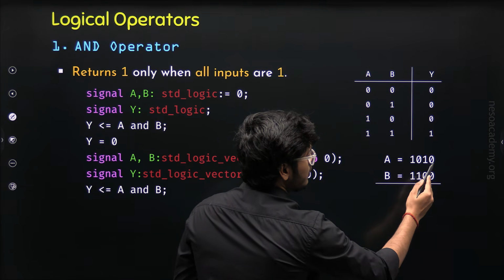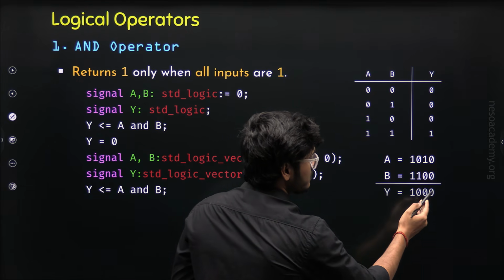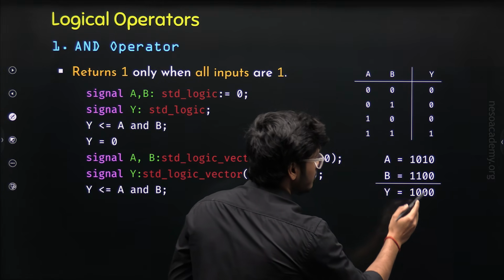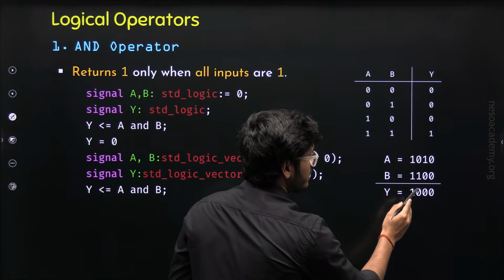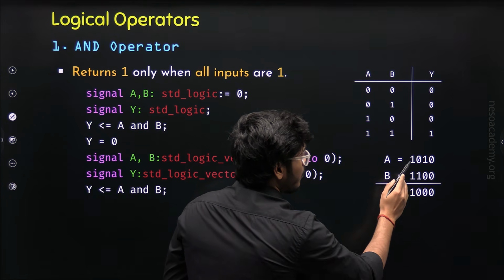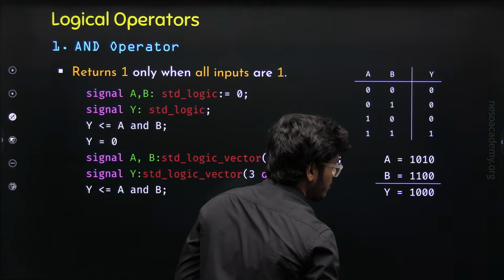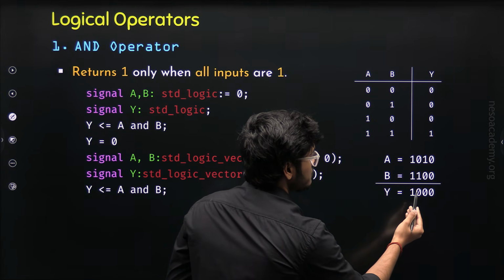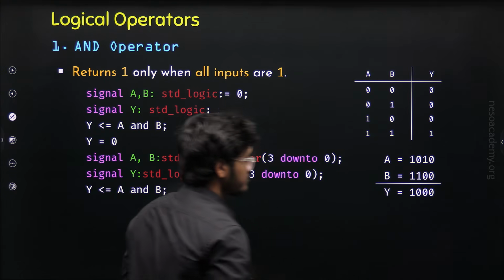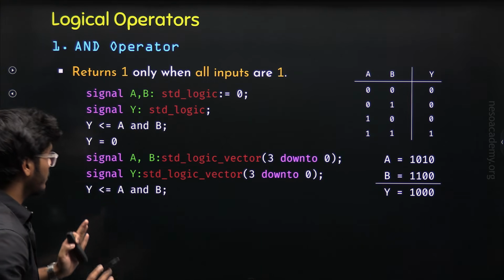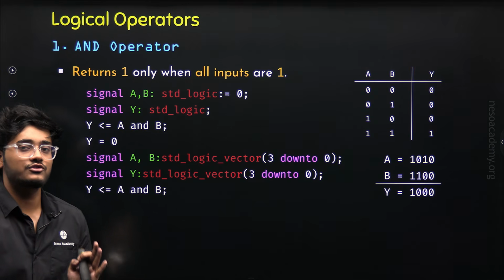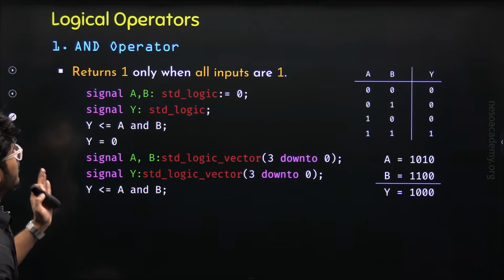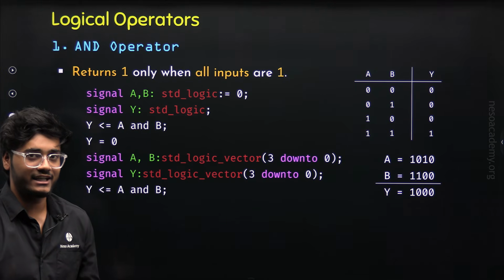So 0 and 0 will be 0, 1 and 0 will be 0, 0 and 1 will be 0, 1 and 1 will be 1. So the output will be 4-bit vector 1 0 0 0, and the signal Y will store the output 1 0 0 0. I hope you understand how to perform AND operation using the AND keyword.